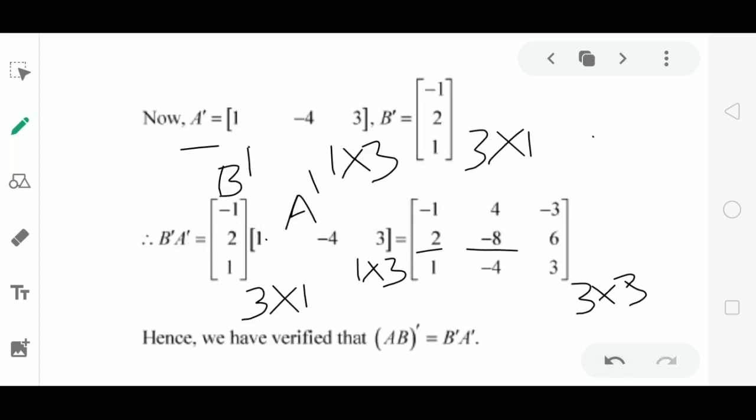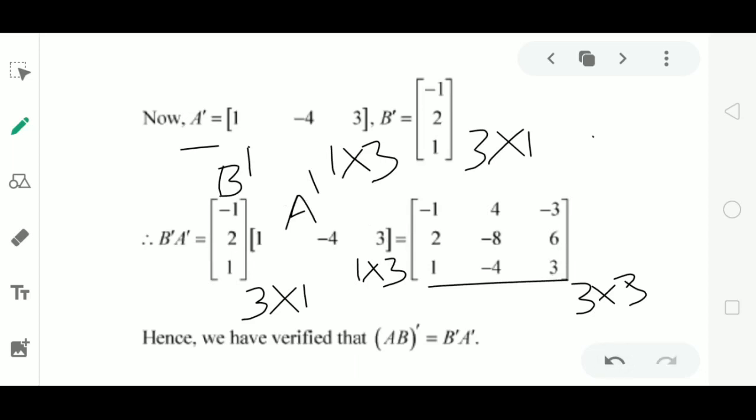For the next element, lying in the second row, second column, consider the second row of B dash and the second column of A dash. 2 into minus 8... 2 into minus 4 is minus 8. For the third element of the second row, that is the element lying in the second row, third column, consider the second row of B dash and the third column of A dash. 2 into 3 is 6. We have determined all elements of the second row of B dash A dash.